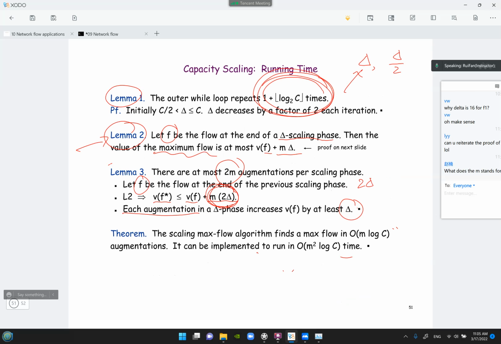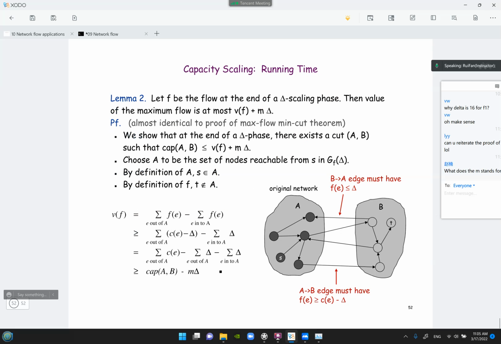Lemma 2 says that after you run the previous phase, you've already found a flow which is very large. There's just a remaining gap of m times delta compared to the maximum flow. The proof is very similar to the proof of the max flow min cut theorem. Suppose you finish a delta phase. Then we're going to show that there is a cut whose capacity is at most the current flow plus m delta.